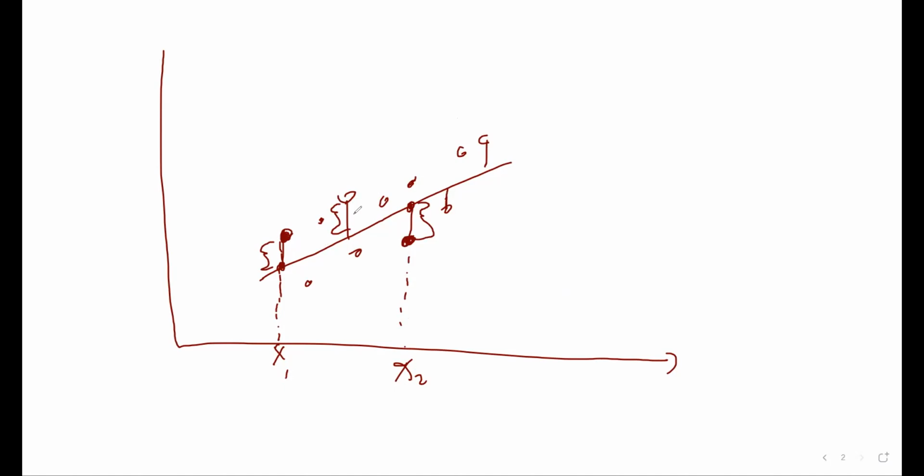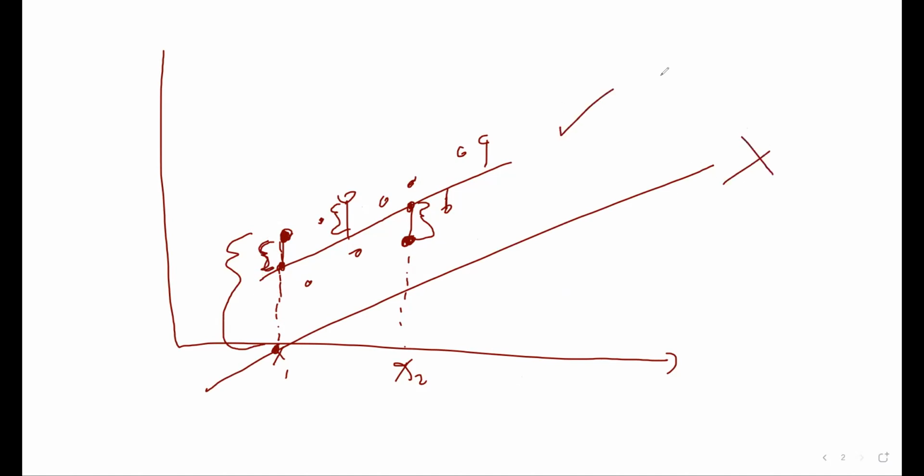So for instance, I'll give you this other example. Let's say that I have another line and it's here. Which one is better? Well, if you look at x1, the real x1 is there, but the predicted is here. Notice that the difference here is much bigger than this difference. You see that intuitively? So that means that obviously this is a bad line, this is a good line.